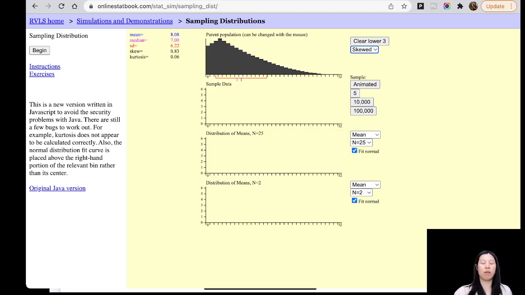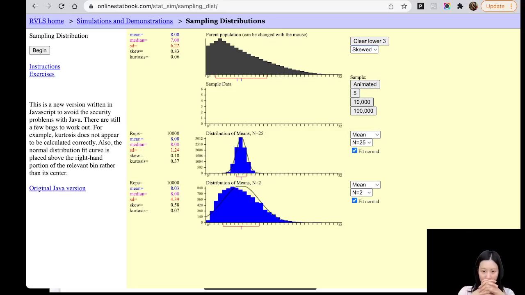If we have a skewed population, not a normal distribution, and then we try to collect data from a random sample, let's do one with a sample size of 25 and the other with a sample size of 2. We did 10,000 random samples, and let's see what happened.